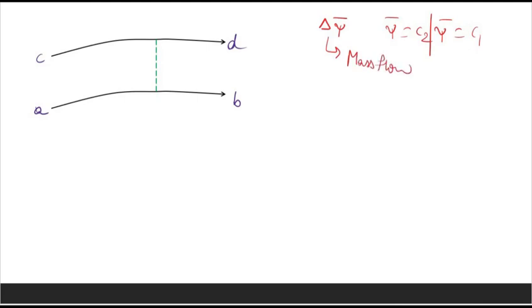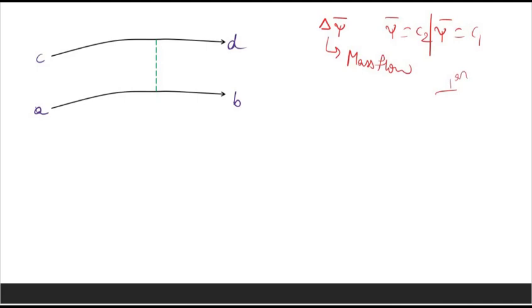Because the flow we are considering is two-dimensional, the mass flow between the two streamlines is defined per unit depth perpendicular to the page.